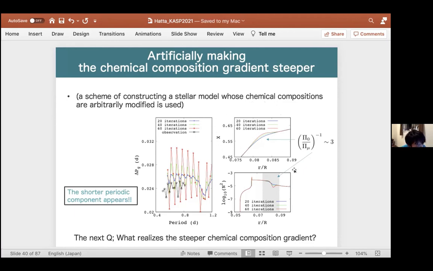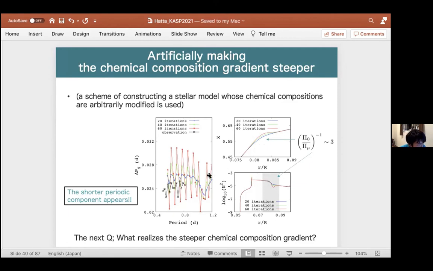And here I show the hydrogen profile, and I gradually make the hydrogen abundance chemical composition gradient steeper here. Correspondingly, the Brunt-Väisälä frequency has a much sharper feature, from blue to red here.